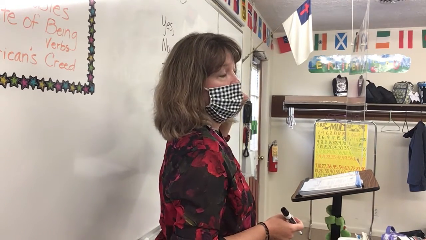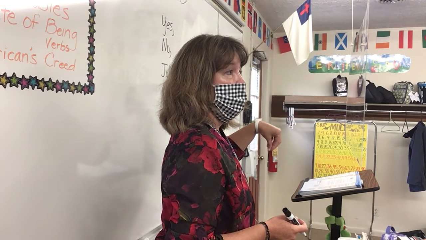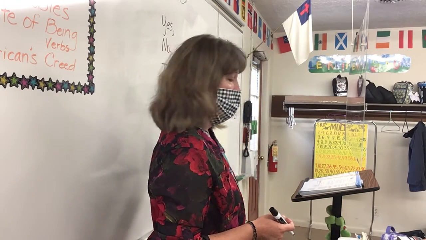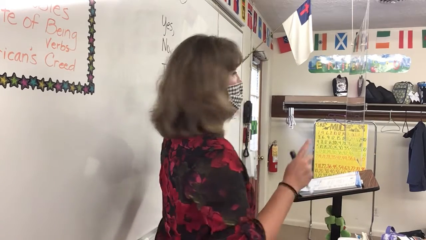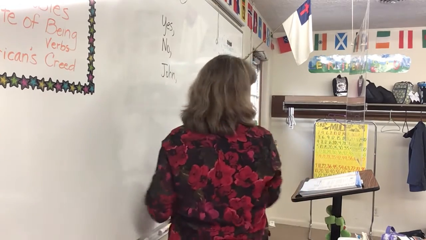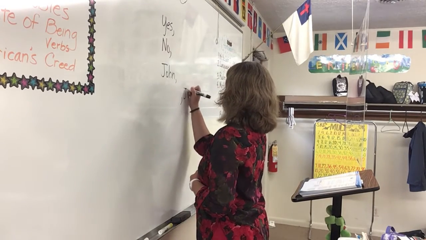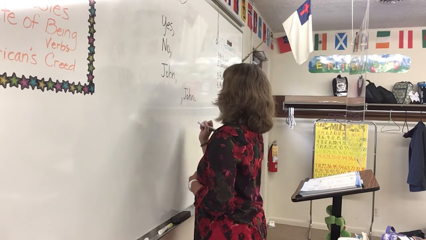So, I put a comma after his name. Now, if I put his name in the middle of a sentence, how can I put that in the middle? Well, let's do it at the end first. You need to do your homework, John. So you would put a comma before his name, and then a period after.